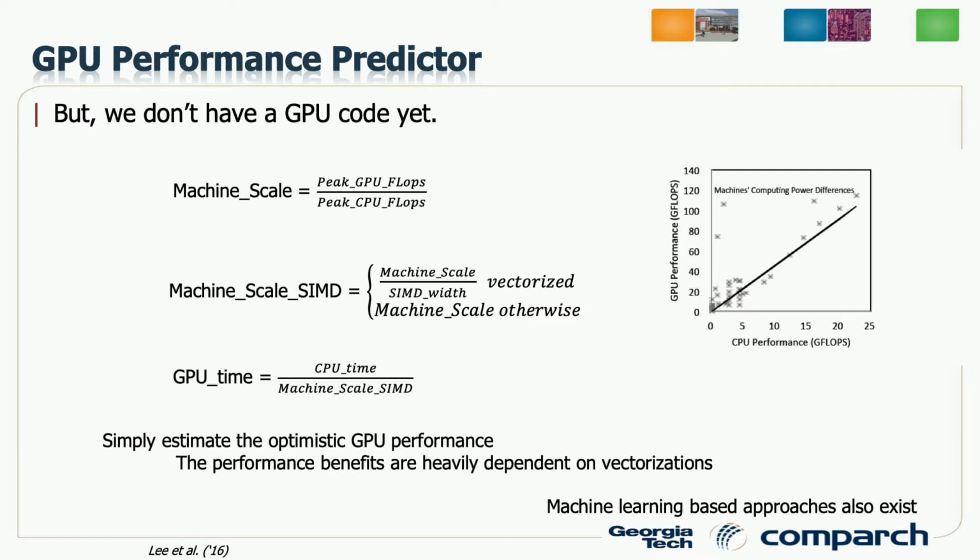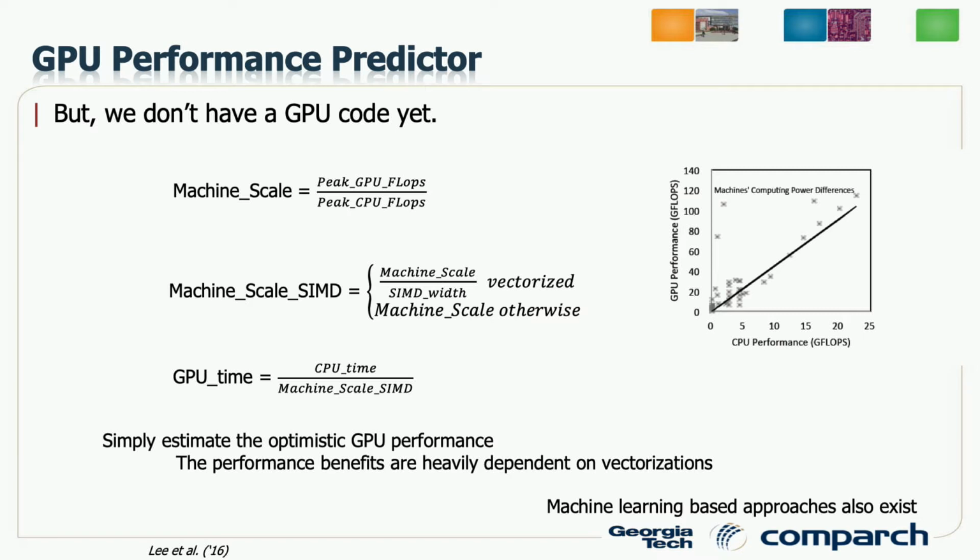And in both the CPU and GPU cases, SIMD instructions change these peak flops a lot. So how much the code can be parallelized and vectorized is one of the key factors in deciding performance. By just considering this scaling factor of the machines and the code vectorization, we can estimate the performance of the GPU code by only looking at the CPU code.